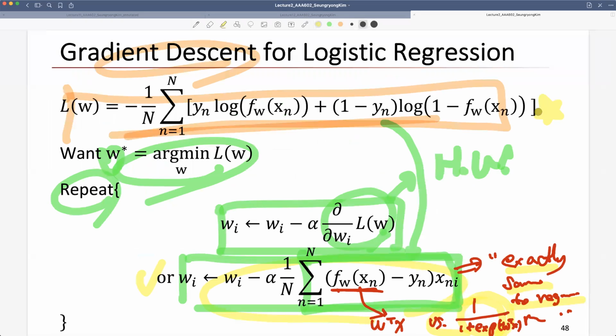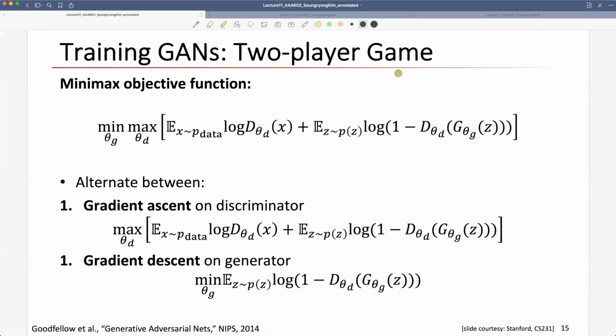So this is the logistic regression cost function for the two-class problem. So it should be noted that in the logistic regression case, there was the negative term, right? So it was the minimization problem. But in this case, we eliminate the negative sign. So it's going to be the maximization problem.